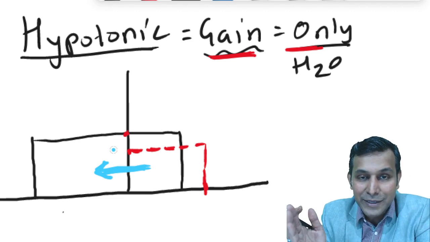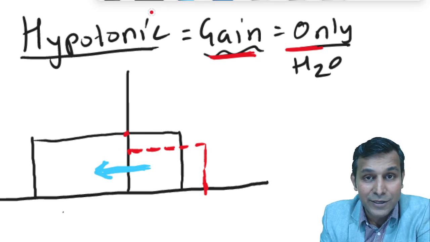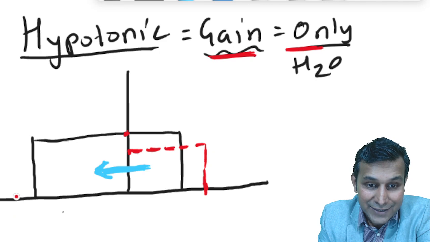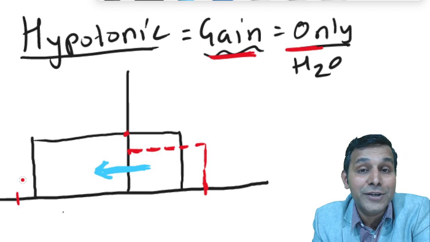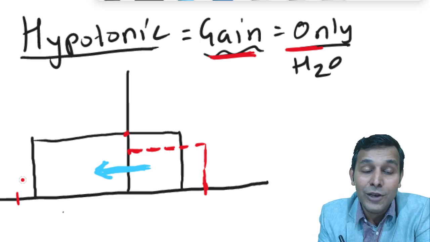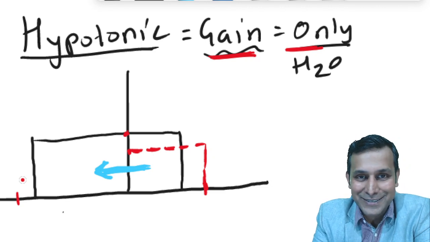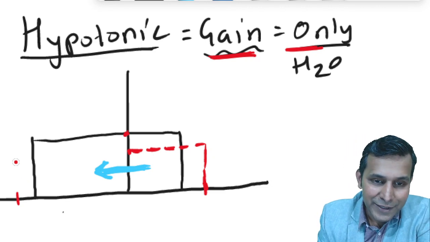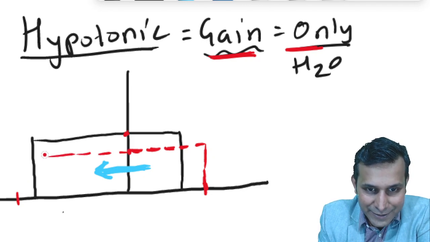If water is moving from ECF to ICF and not coming back, the ICF volume will increase. We are only increasing the water here. So ICF volume will increase, and osmolarity ultimately equilibrates.